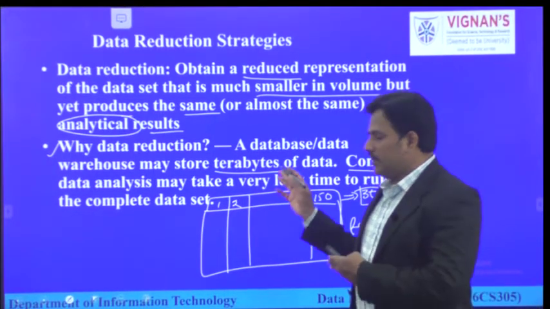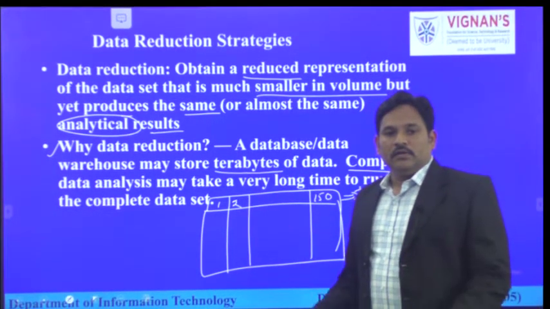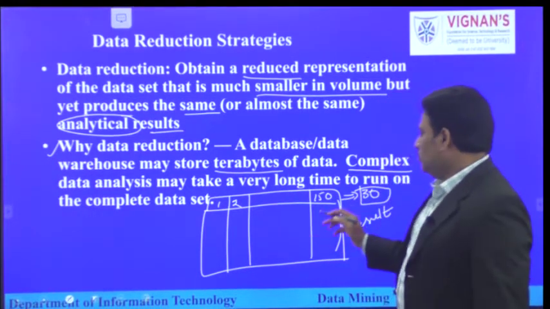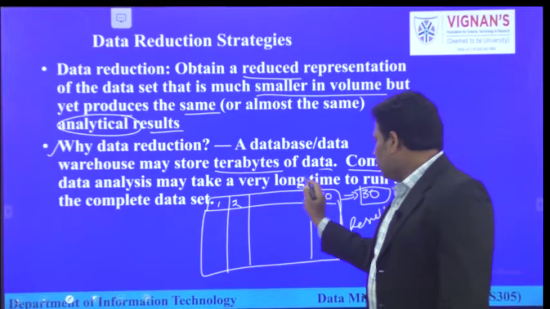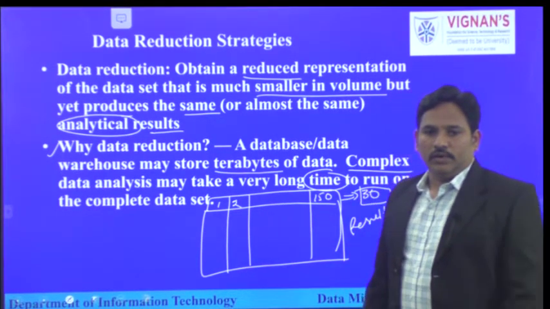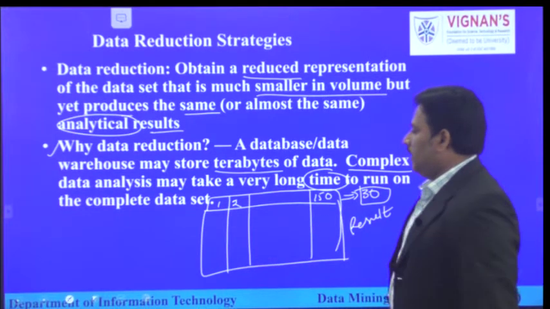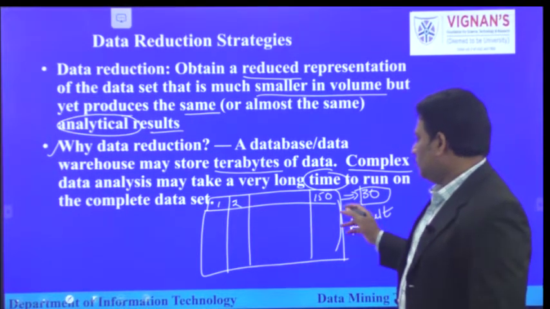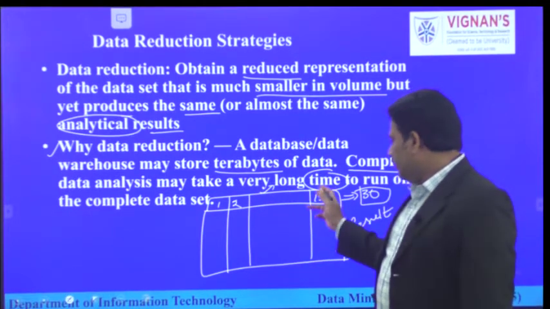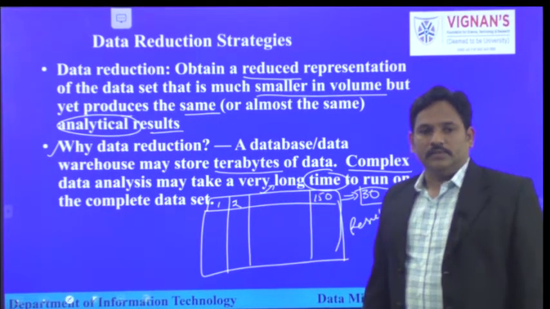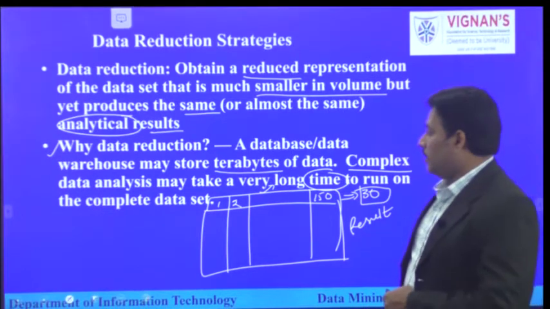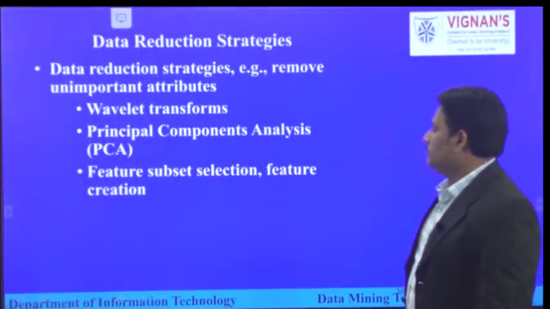This enormous amount of data consumes more time to process, analyze, or complete all data mining related activities. So, to increase efficiency and decrease processing time, we use data reduction as a part of the data pre-processing activity.